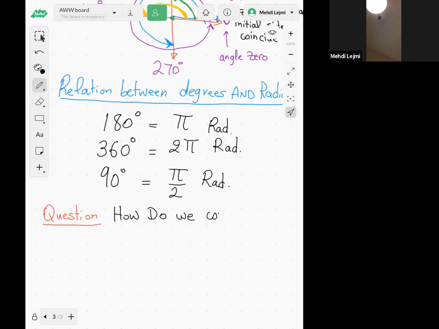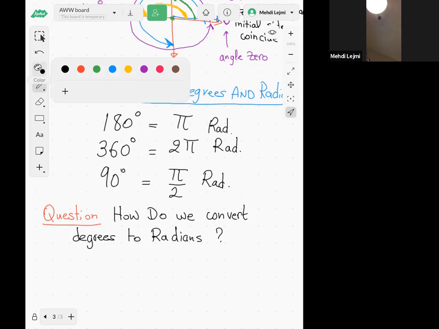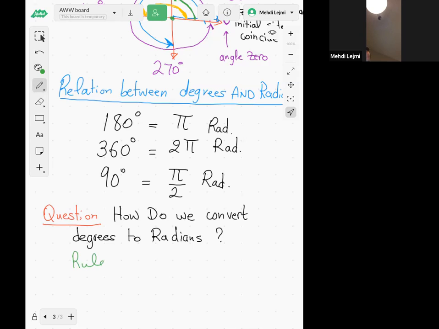You just multiply by pi over 180 radians.